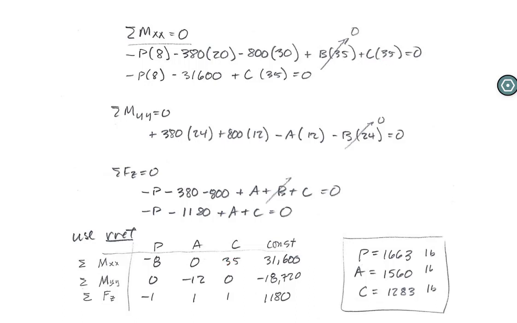If I add these two together, I would get negative 31,600 on this side of the equation. However, the way we have to set this up with RREF is it goes on to the other side of the equation, becomes a constant, and when you do that, you change the sign and you set up the first equation. Similarly, you do the other 2 equations and then you hit RREF and you can solve.